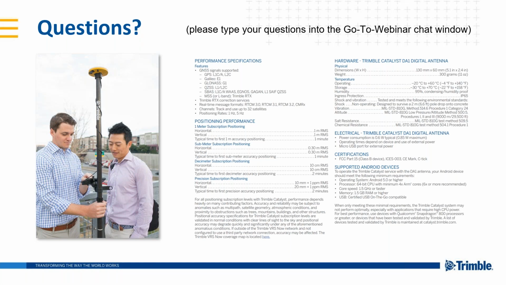The next question is about the TDC 600, which is the mobile device from Trimble that I showed on an earlier slide. The TDC 600 has a USB Type-C port, while the DA1 has a mini USB port. Do I need to use a hardware converter? So there are 2 ways that you can solve that.